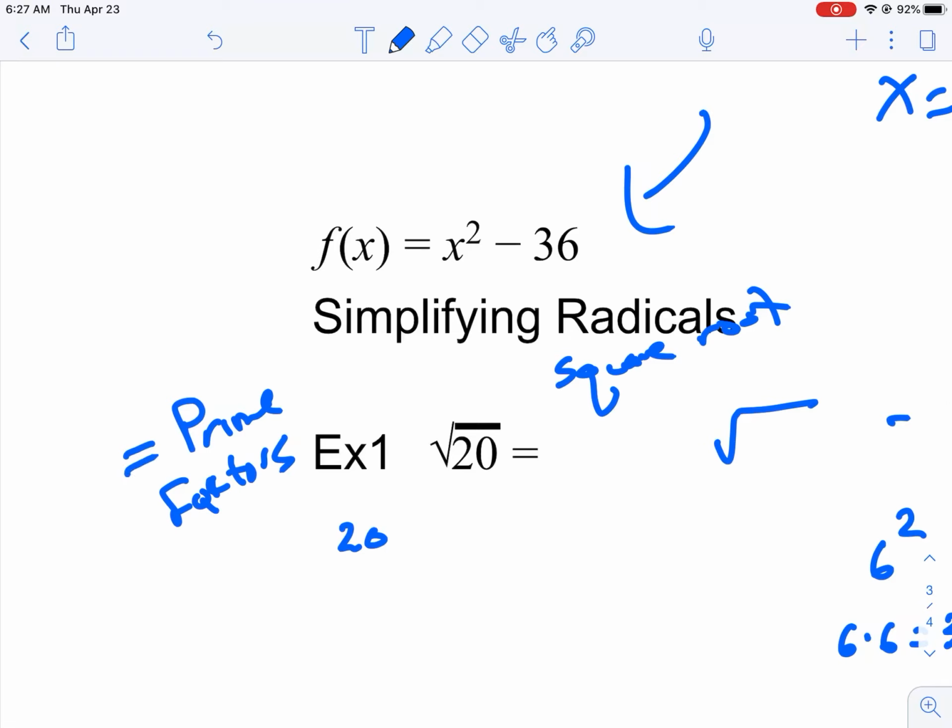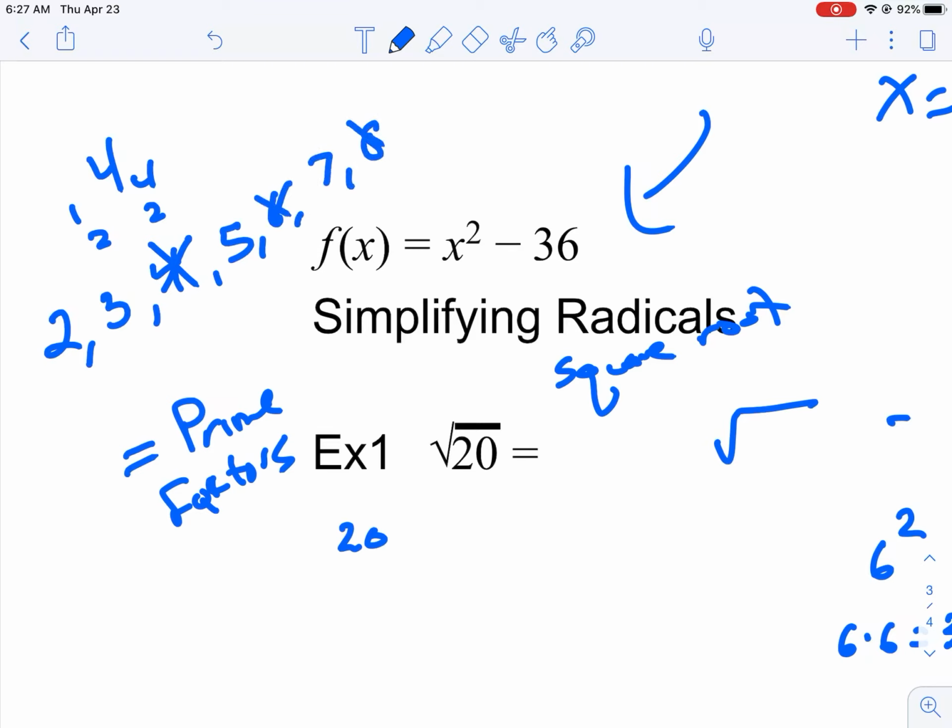Okay, a prime number is greater than 1, so it can't be 1, but it is a number that can only have 1 and itself as factors. So like 2 has 1 and itself as factors. 3 has 1 and itself as factors. 4 is not a prime number because 4 has 1 and 4 and 2 and 2 as its factors. 5 is prime. 6 is not prime. 7 is prime. 8 is not prime. 9 is not prime.